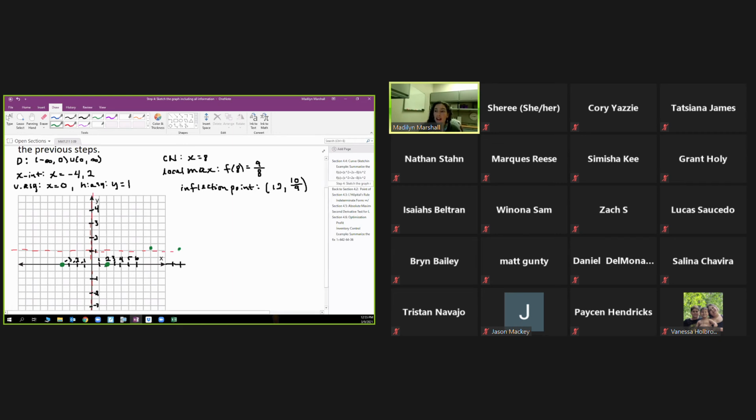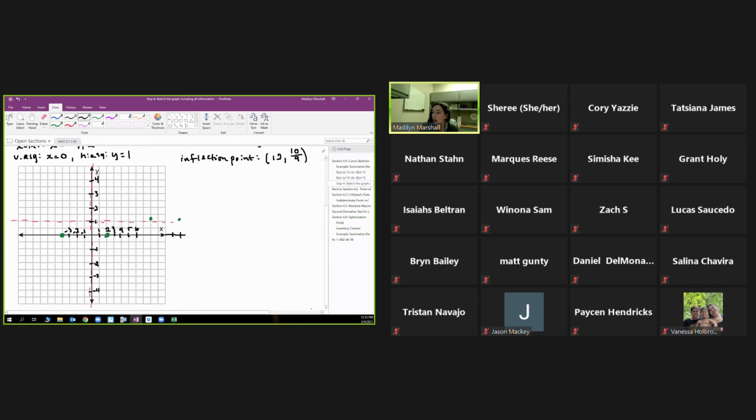So we have all of these points on the graph that are helpful, and we have our asymptotes. But to fill in really what the shape of the graph should look like, we can use our increasing, decreasing, and concavity, which I am going to write sort of below the graph here.